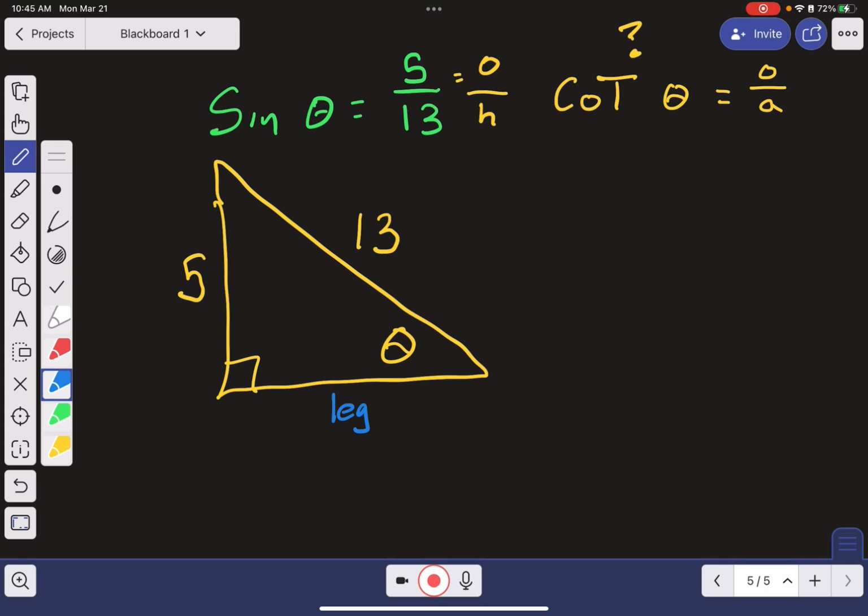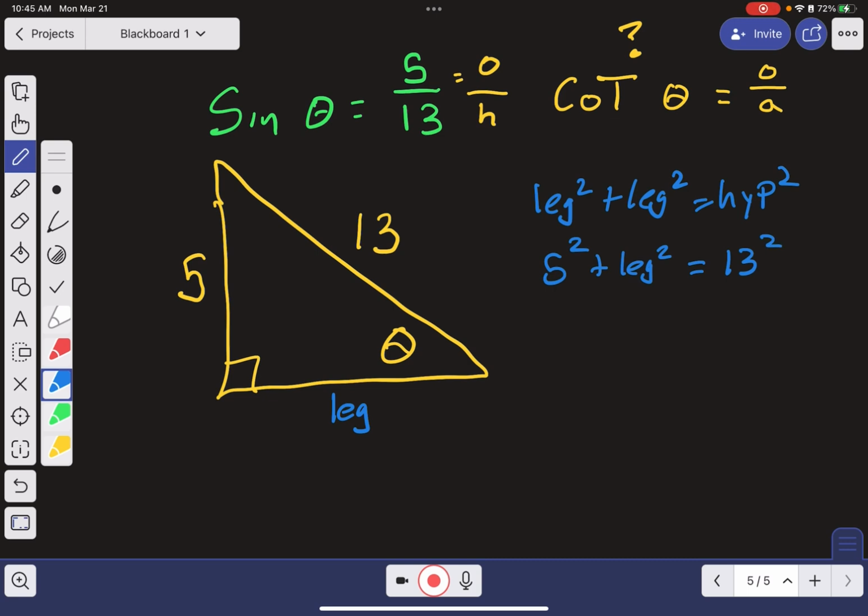But we can use Pythagorean Theorem again, right? Right, because we've got a right triangle. So again, we can go leg squared plus leg squared equals hypotenuse squared. I know one of the legs is 5. So 5 squared plus the leg squared, because I don't know it, that's got to equal the hypotenuse, which is 13 squared.